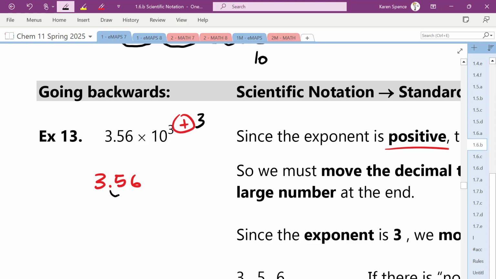So we go 1, 2, and then I've got nothing there. Okay, so I would need to add a 0 in here. So that's going to be 3, 5, 6, 0. Do I put a decimal at the end or not?